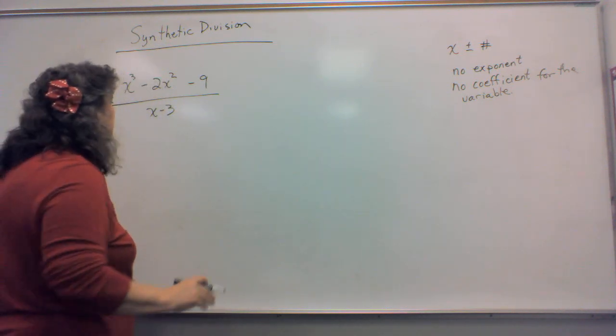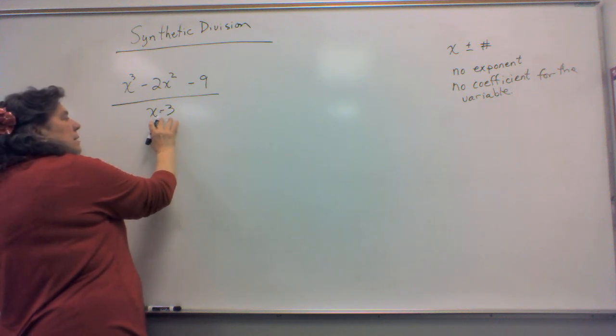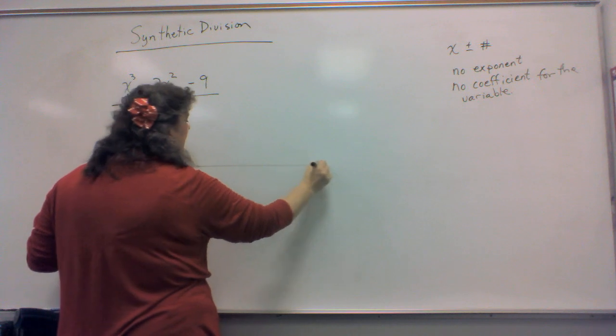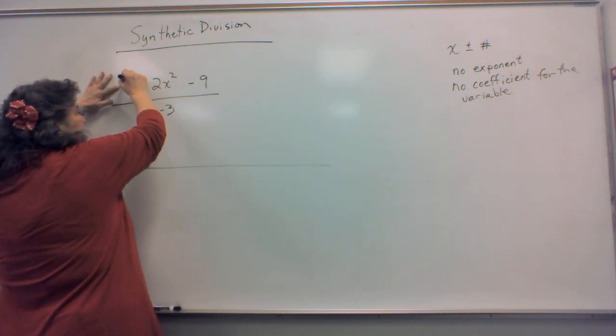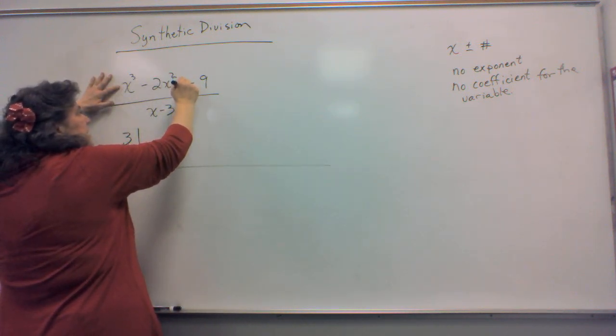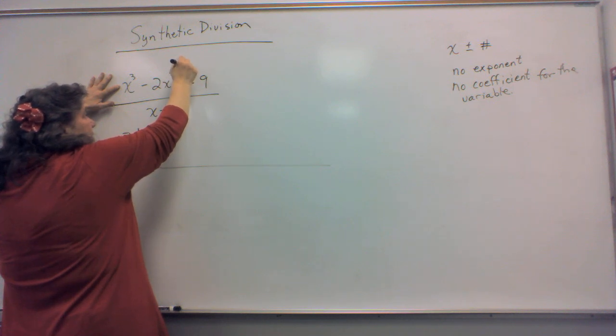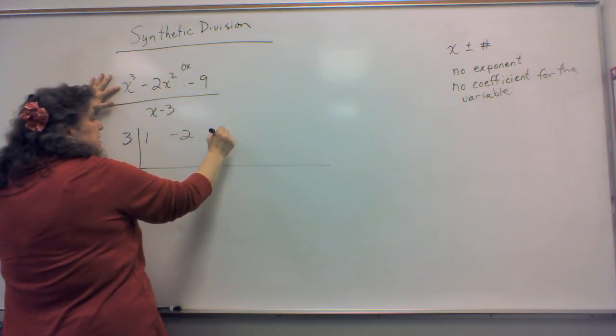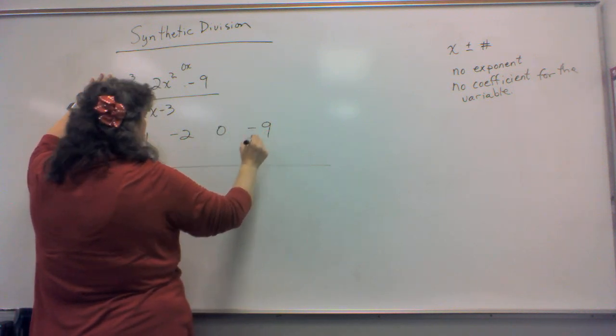Okay, again, the opposite of negative 3 is 3 this time. And now we have cubed, squared, we're missing a slot, we need an x, so we're going to have to put a 0. So I have 1, negative 2, 0, and negative 9.